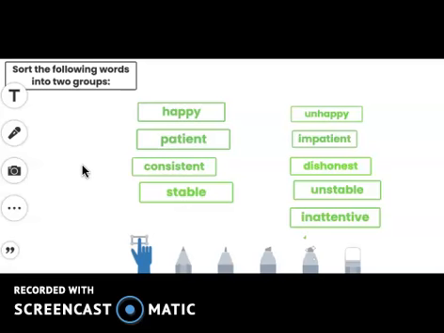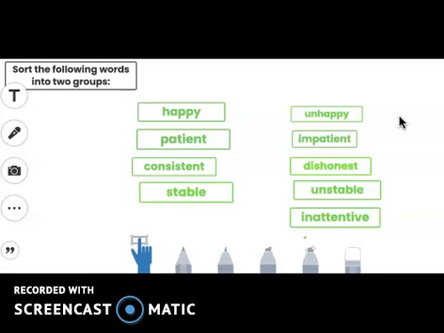Then we could also use this information to say, I want you to look at the words in this list. I want you to notice the beginnings of these words. Does anybody notice anything about these word beginnings? Turn to a partner and talk about what you notice and what you think it means.